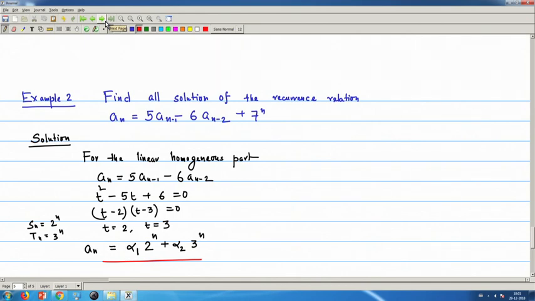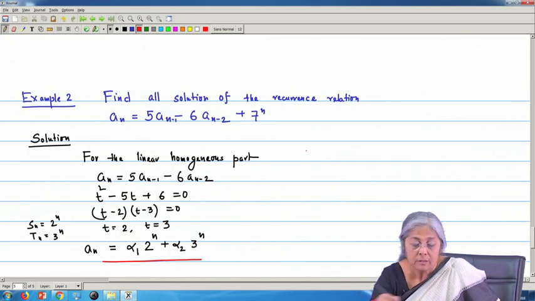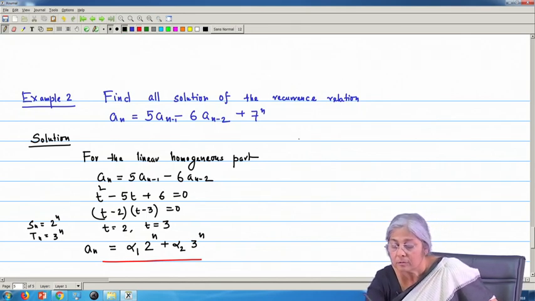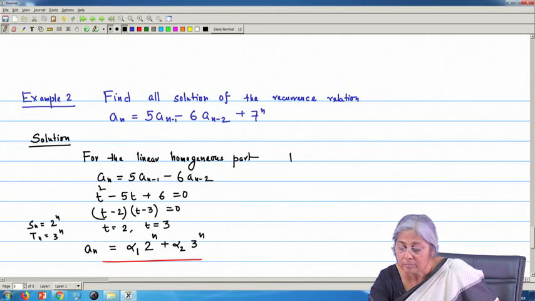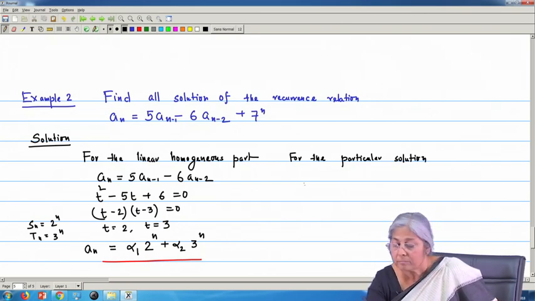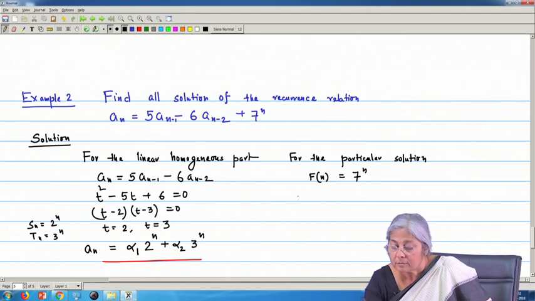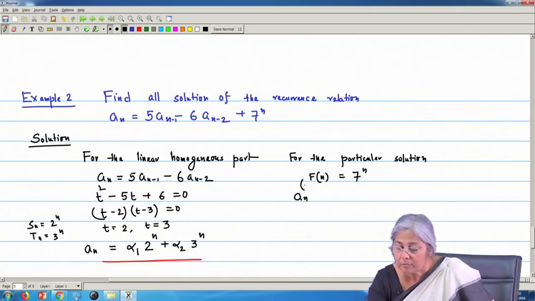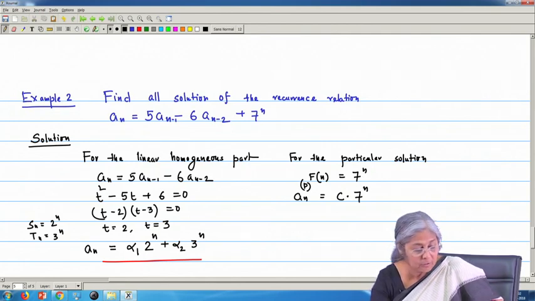Now, we see the particular solution. My function is f n equal to 7 to the power n. So, I get my particular form a n p equal to c into 7 to the power n, some constant.